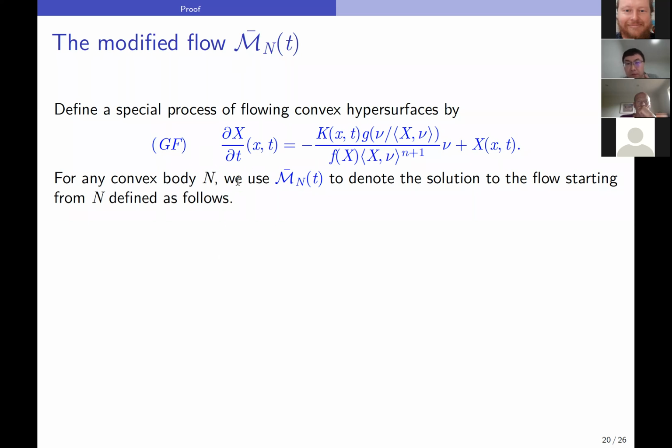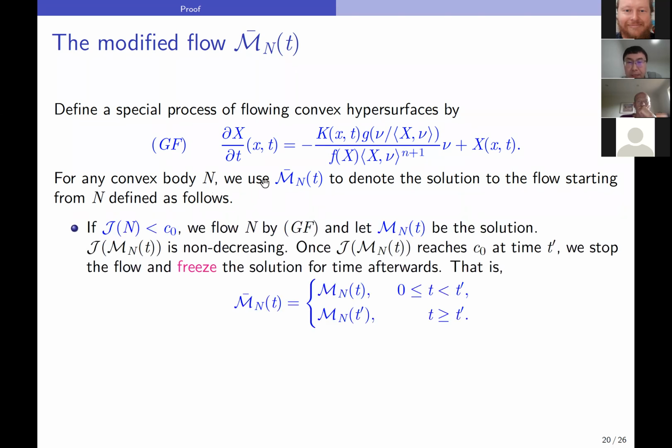We define the modified flow as follows. For any convex body N, we use M_N bar of t to denote our modified flow. If the initial functional is less than C0, then we flow N by our gradient flow, and we know that the functional is non-decreasing along the flow. Once the functional reaches C0 at some time t prime, we take action, stop the flow, and freeze the solution.